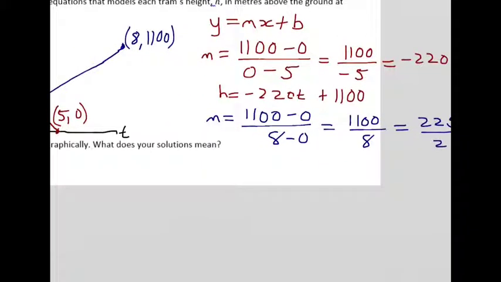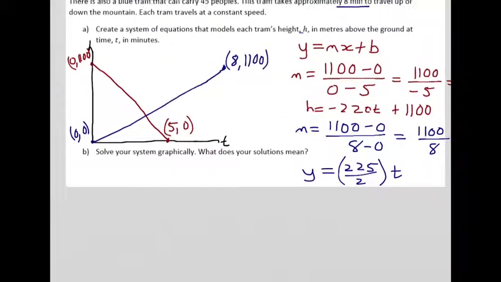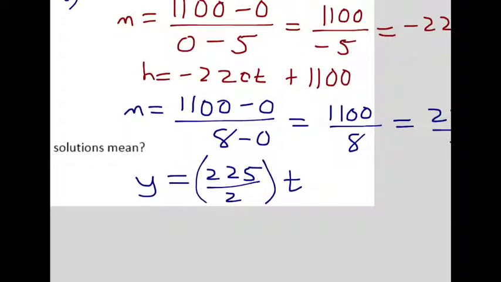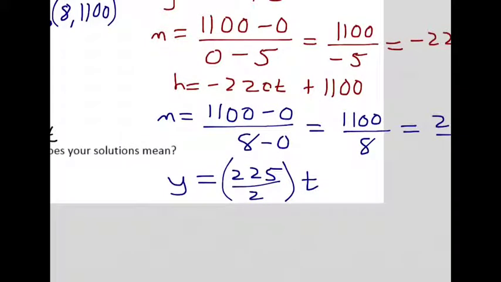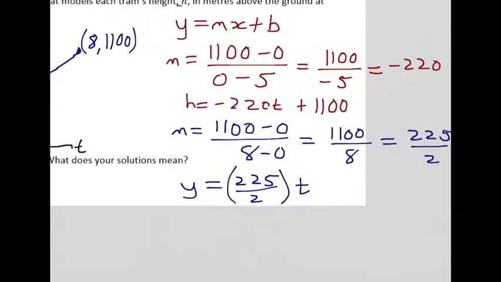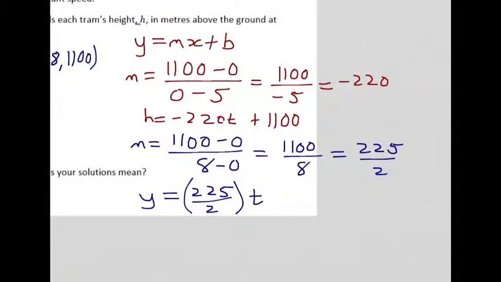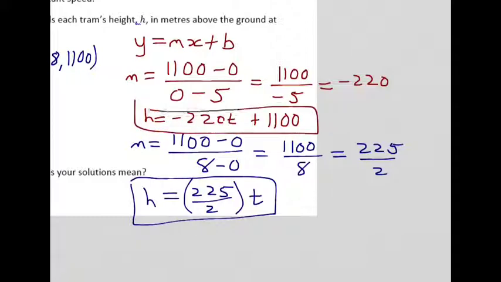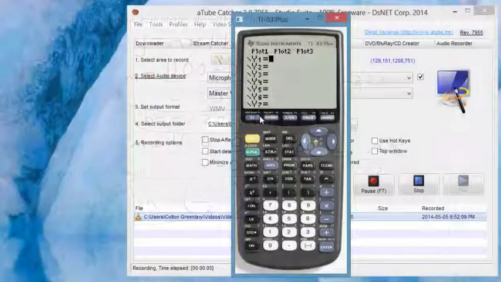Okay, and I put that in slope-intercept form, so 225 over 2 times t, and our y-intercept is 0, so I'm just going to leave it like that. I should put that as h. Let's graph this line and this line and see what we notice.